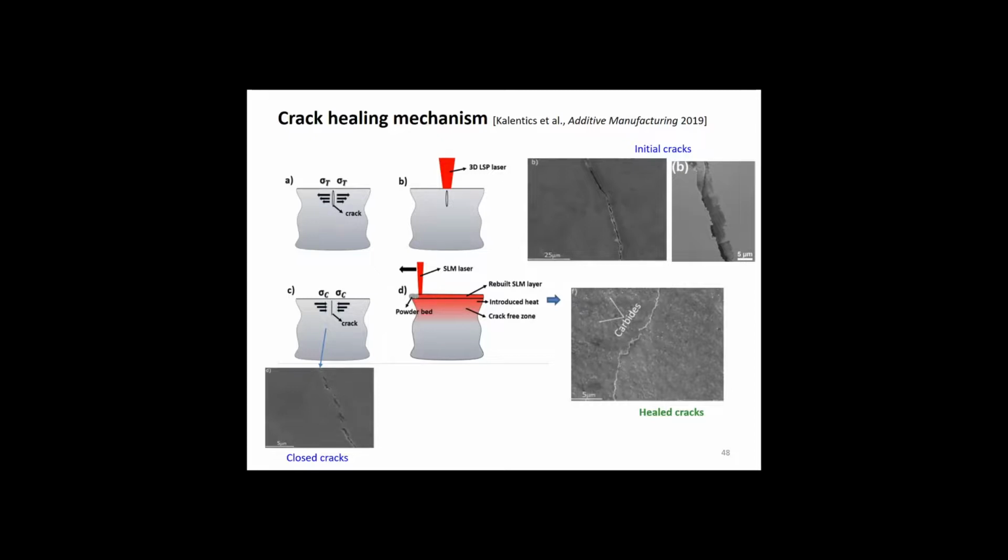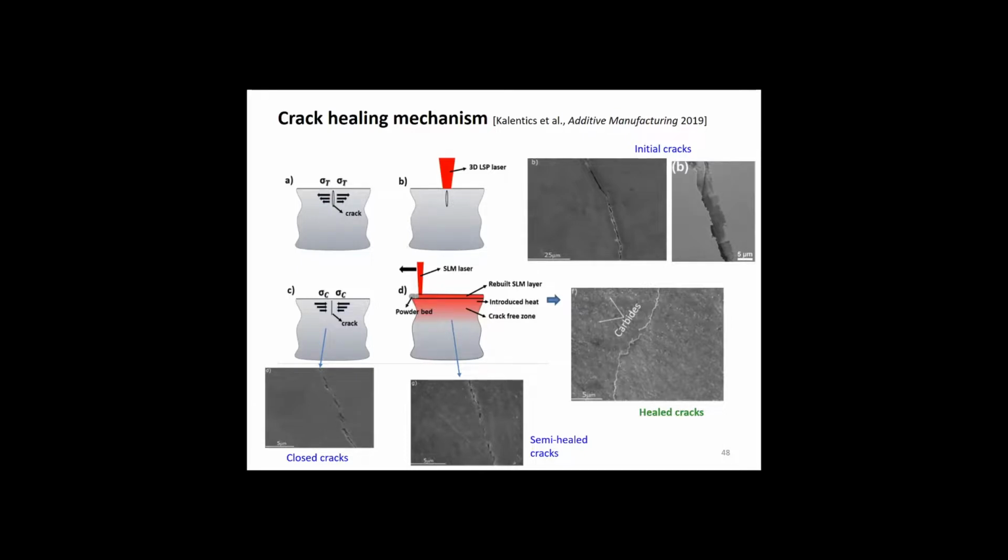If you go a little bit away from the top surface, the heat is not so high anymore, then you have semi-healed cracks. And if you go further away, then you have closed cracks, but they are not healed because of the lack of heat.